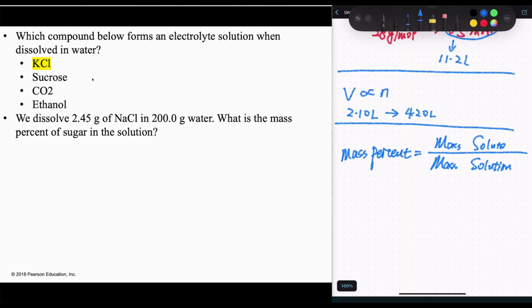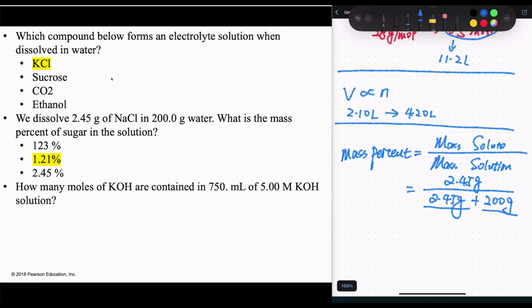So this is quite straightforward. You can just plug in the numbers, which is 2.45 gram divided by 2.45 gram added to 200 gram. So 2.45 is the solute and 200 is the solvent. Okay, so the final result will be 1.21%. Next question.